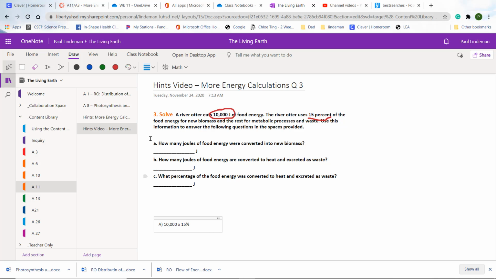So we take our hidden decimal point and move it over to the left twice. That's the same as getting rid of the percent sign: when you make a percent, you multiply by 100, and when you get rid of the percent, you divide by 100. So I'm moving the decimal 2 places, which means we are multiplying by 0.15.